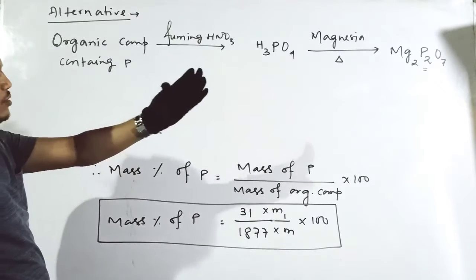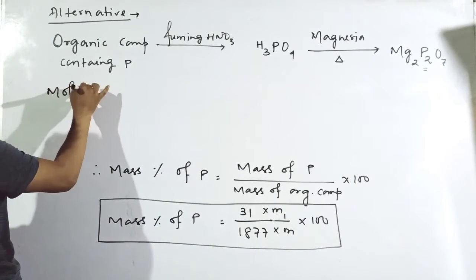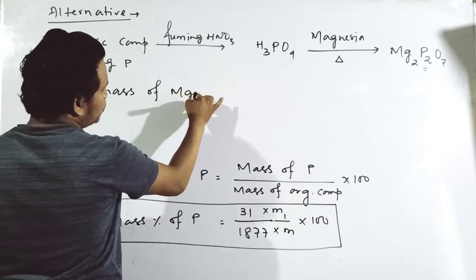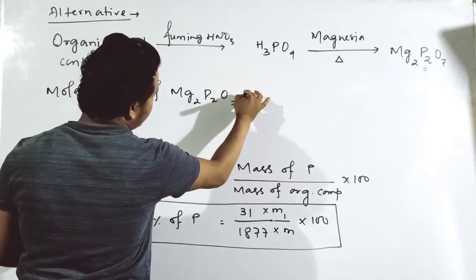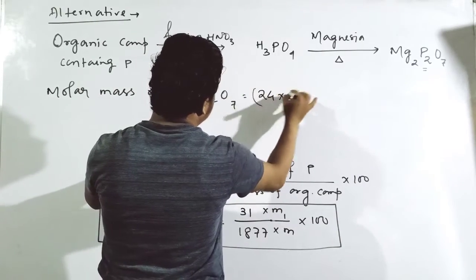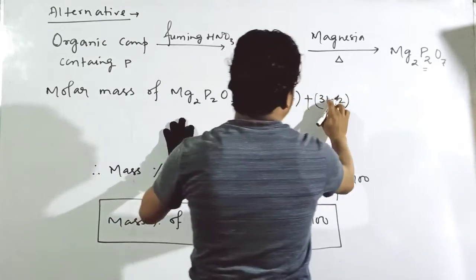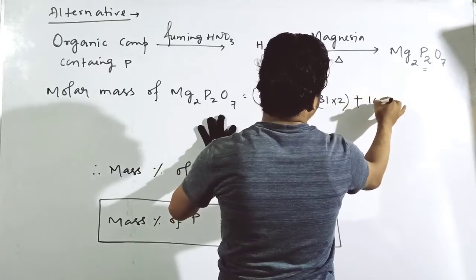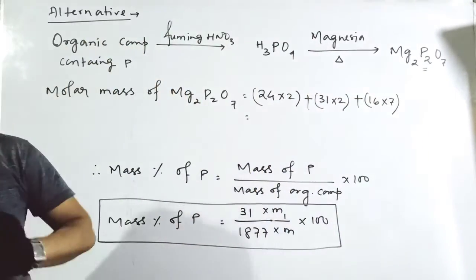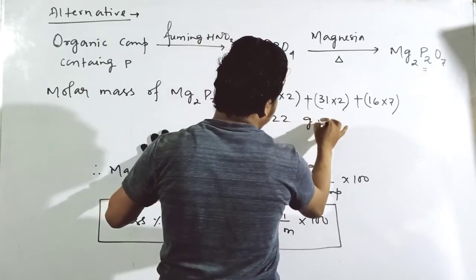Now check. First, find the molar mass of that compound. The molar mass of Mg2P2O7 will be magnesium 24 times 2, plus phosphorus 31 times 2, plus oxygen 16 times 7. This gives approximately 222 gram per mole.